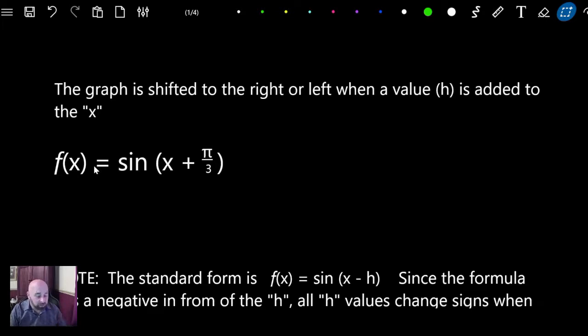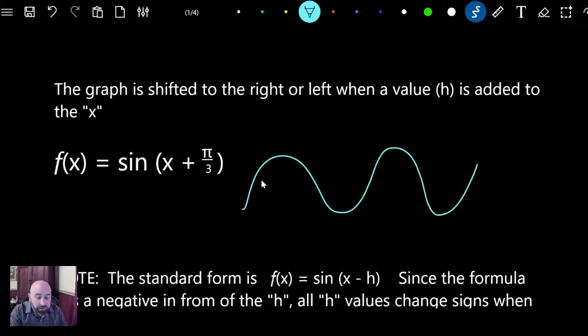All right, so if you look down here at this function y equals sine of x plus pi over 3. Now, everything looks the same as the standard form except for this right here, this pi over 3. So what happens with this pi over 3 is you'll have one function. And I know my drawing's not great, but deal with it.